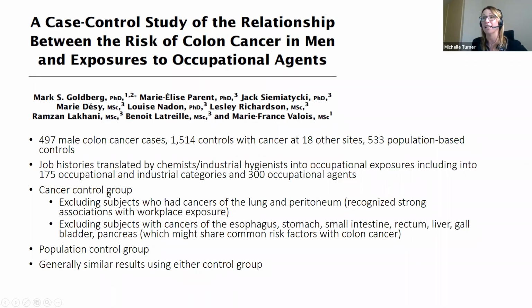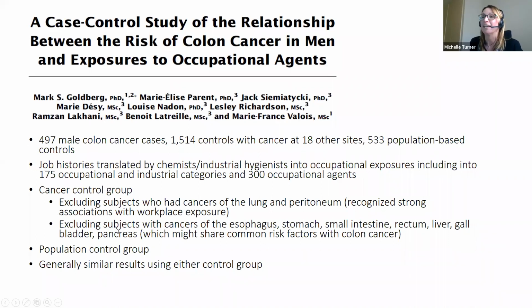And so they did the analysis different ways. They compared the male colon cancer cases to the population-based controls, but they also compared the male colon cancer cases to the other cancer controls. And they did this different ways. One way was excluding the lung cancer cases from the control group, because it's known that there are many strong associations between workplace exposure and lung cancer risk.